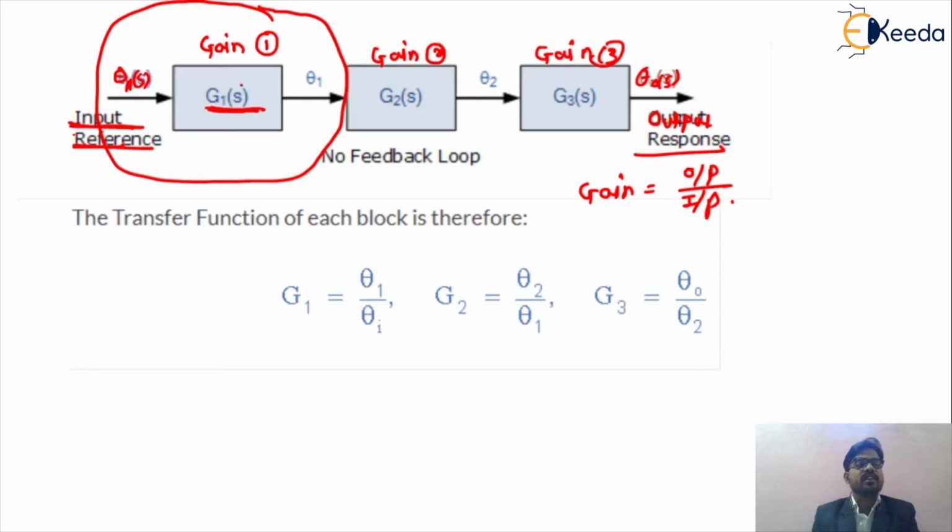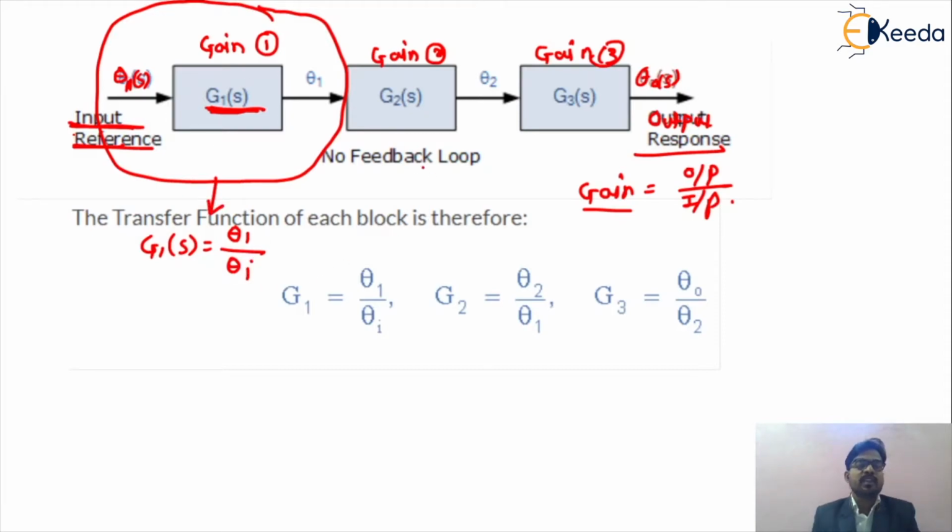What will be the gain of the first system? The gain of the first system is the output of such a system, theta 1, divided by the input, theta s. So this will be the gain of your system.